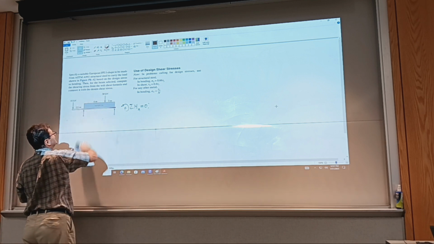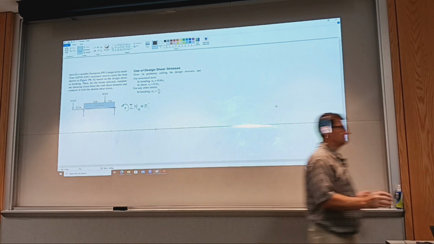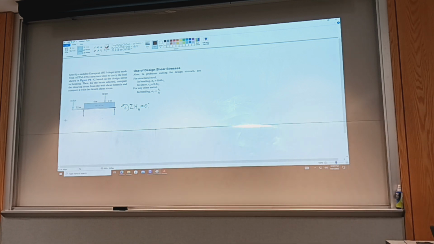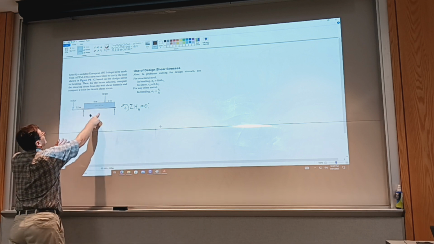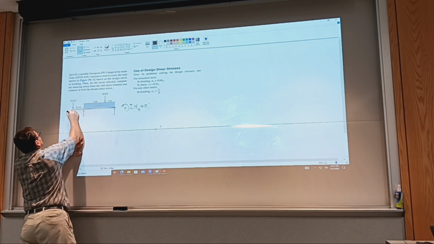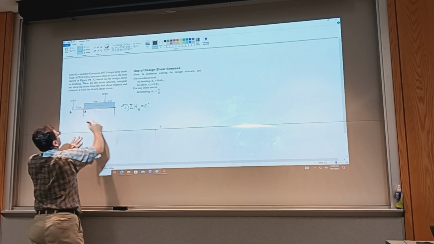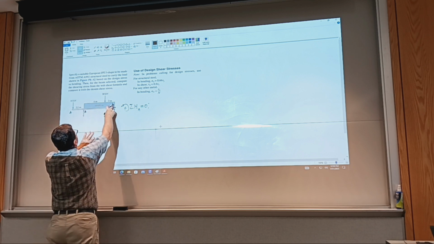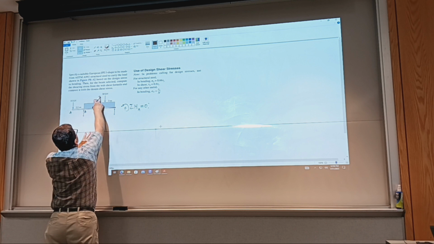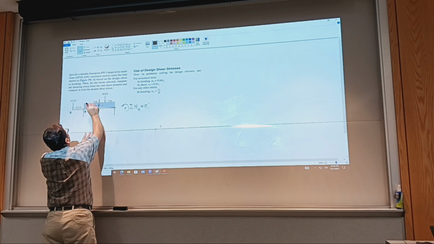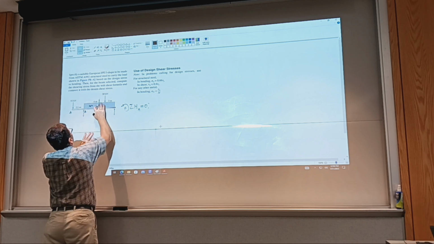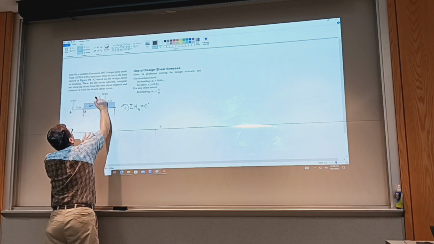It surprised me that we have loads in pounds and beam properties in metric. So I have point A, it's point B, and then C would be 4 plus 2, that's 6. So half the distance over where W happens, and move this up where I know I'm not obstructed.